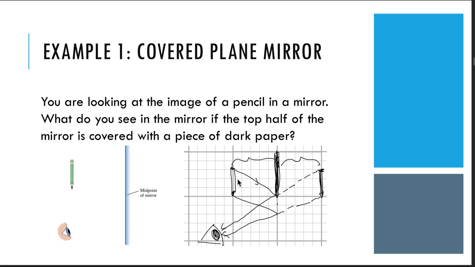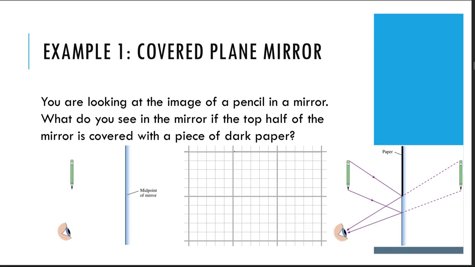So it turns out that we actually see the whole image of the pencil if we're right here and the top half is covered. I have another picture of this that shows this a little better, right? This is what I was trying to draw.